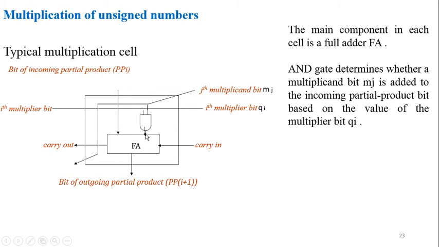The result of this AND is added with the partial product value from the previous level and the carry in value, generating a particular bit of the next level partial product value, as well as a carry out passed to the next cell in the same row.